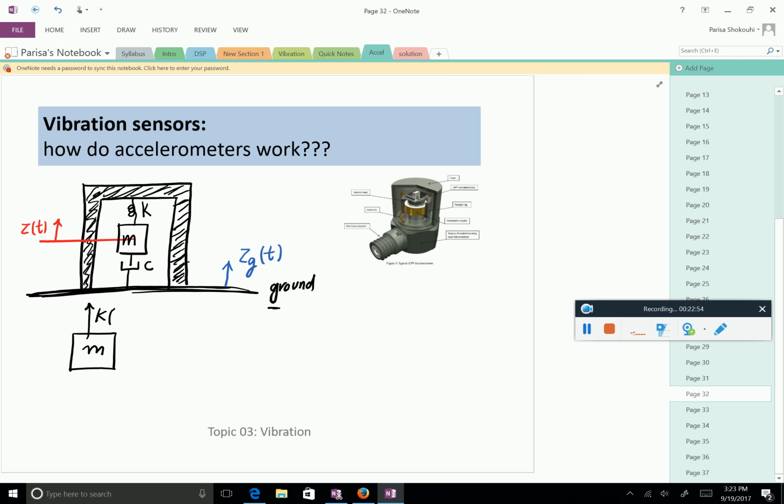If the mass of the accelerometer and the ground have the same movement, the spring is not going to be stretched or compressed. So I call this Z sub R. That's for relative. And that's nothing else but Z minus Z sub G. It's the same for the dashpot.